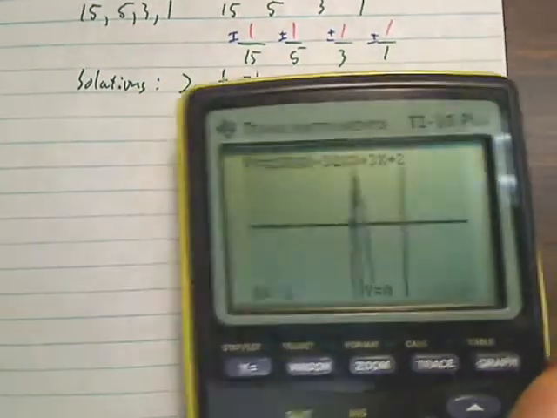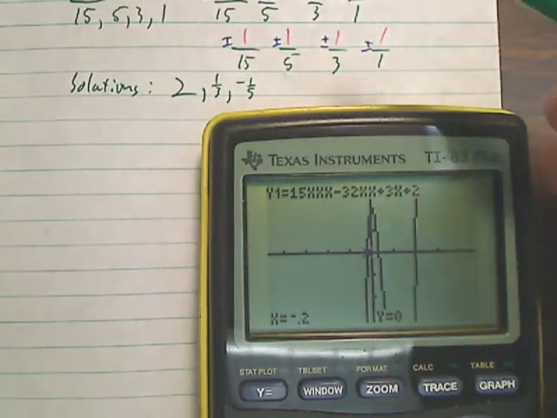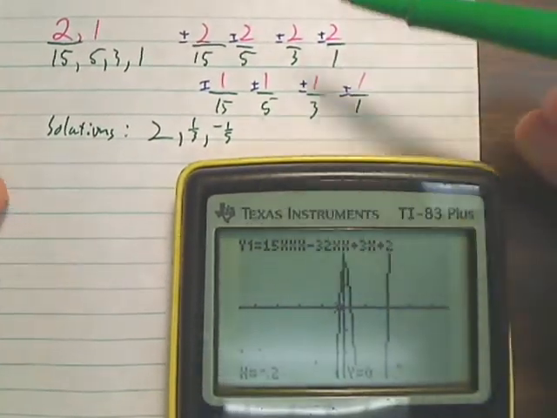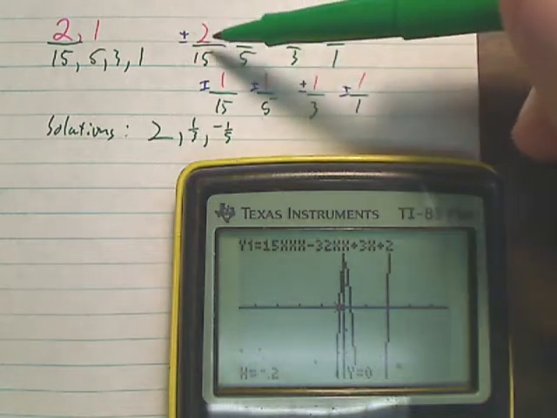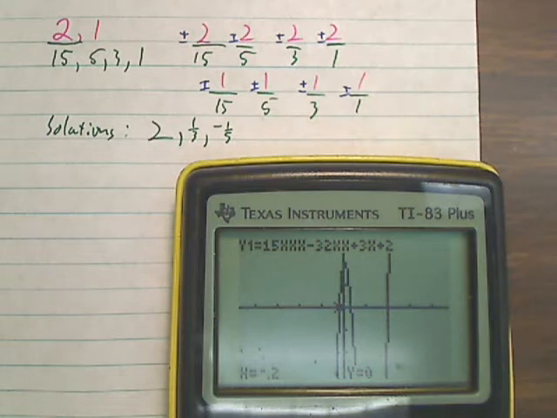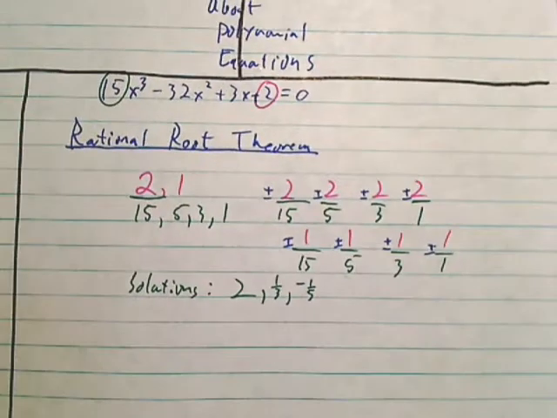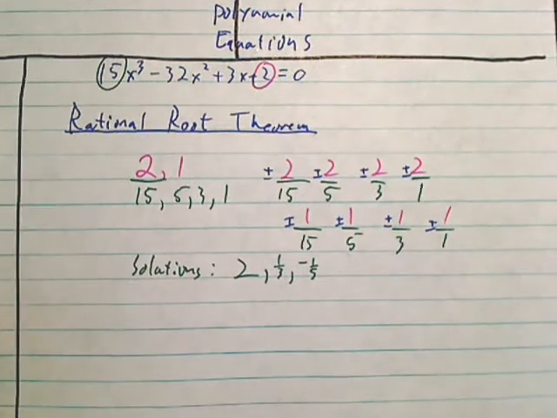Now I wouldn't have been able to guess that this was at negative 1/5 unless I had some helpful information up here. This gives me some way to narrow down what the possible solutions might be. So I was able to narrow it down, and when I put in the value, it gave me 0, so I knew it was a solution. So that's how we can use the rational root theorem to help us solve a problem.